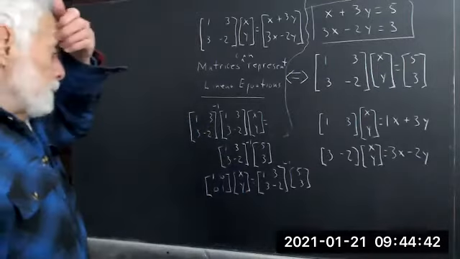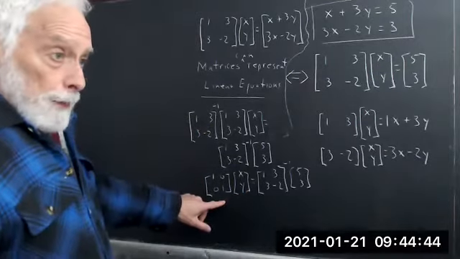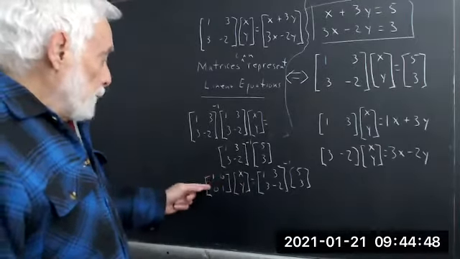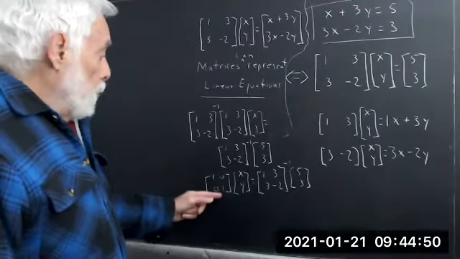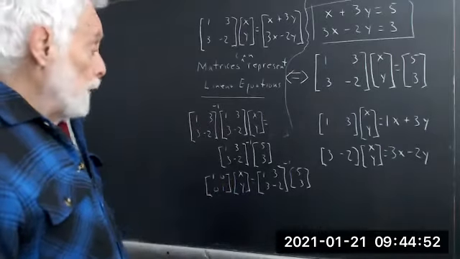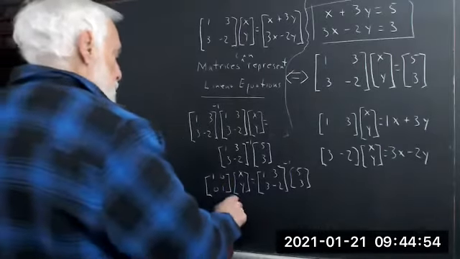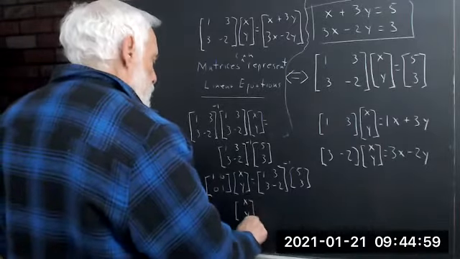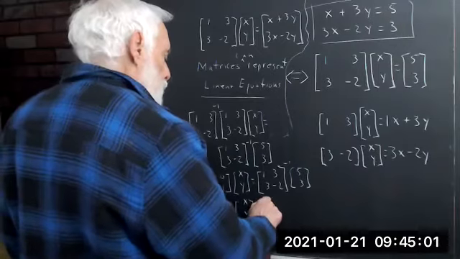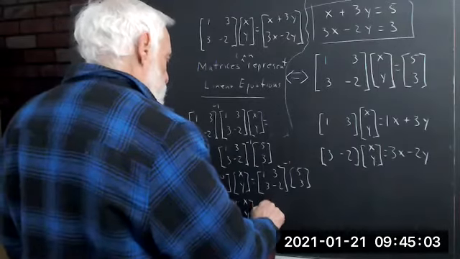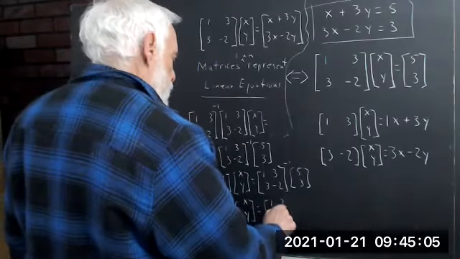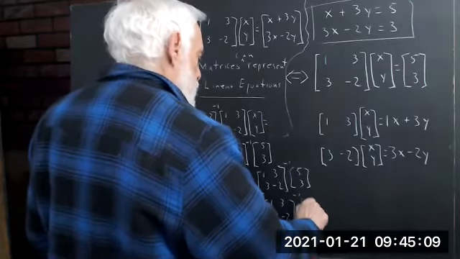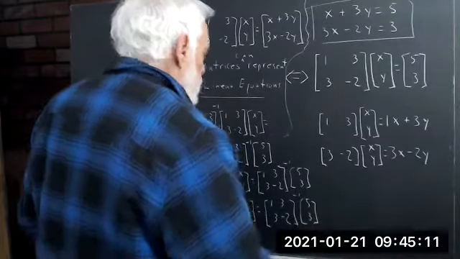And the identity matrix multiplied by xy, you can see 1, 0 times xy is just going to give you x. 0, 1 times xy is just going to give you y. So that xy equals this.